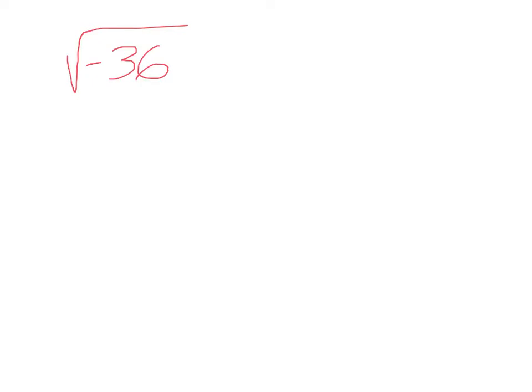Negative 6 times negative 6? Well, negative times negative is a positive. That gives me positive 36. And if you say, well, 6 and negative 6, that's not the same number. So there's no answer for this one. Or we say there's no real solution.